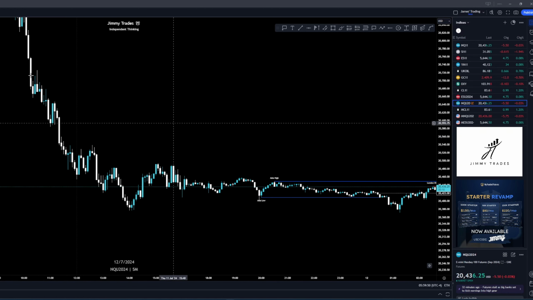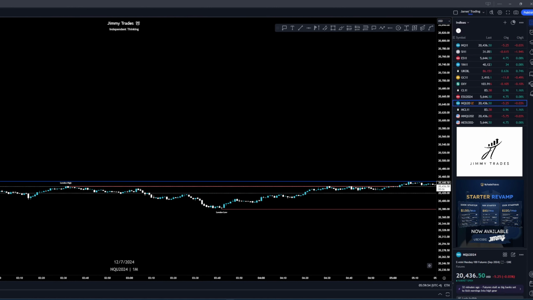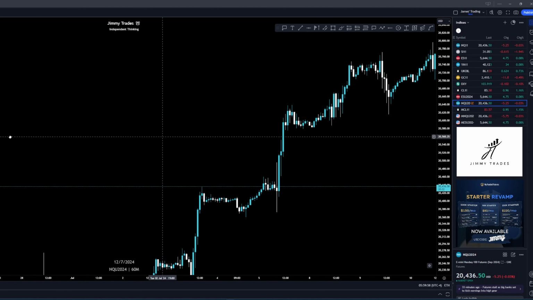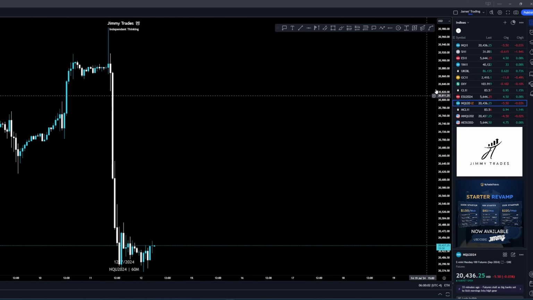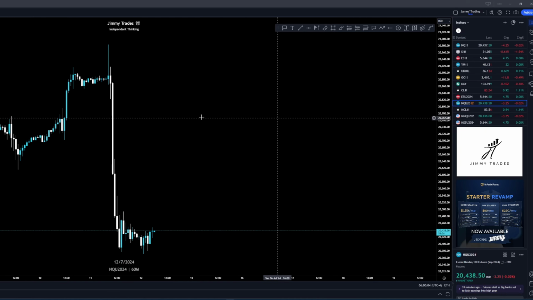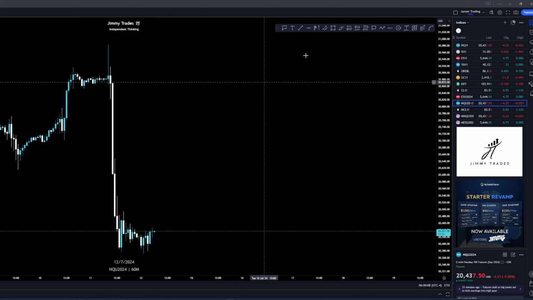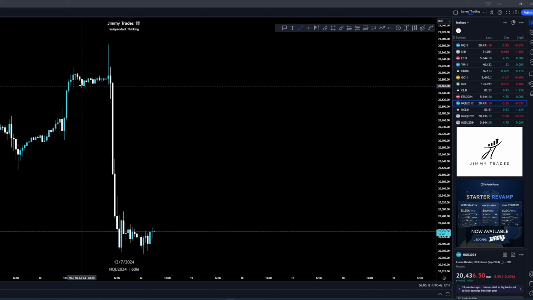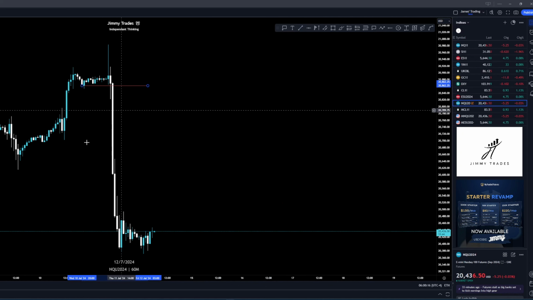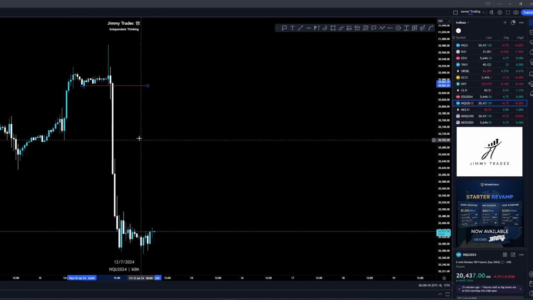Okay, so again, if we go to the hourly, I was bullish at the start of the day. Reason being, we're at all-time highs, but keeping in mind that we just had a continual push higher with strong momentum, so there was no signatures in price to tell me otherwise.